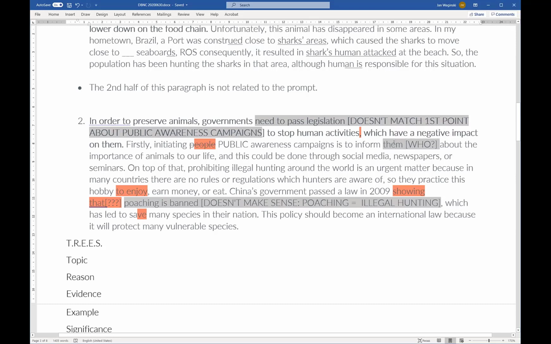If you corrected it, like "public awareness campaign is to inform them", is it correct now or no? No, it's no good. It has to be people. Okay. Or I would say "is to inform people". That's kind of the only way you can do it right now. Okay. "Is to inform the citizenry, the public", but you're already using public.